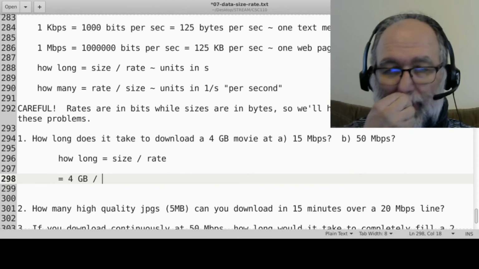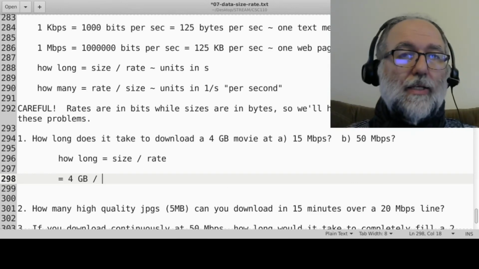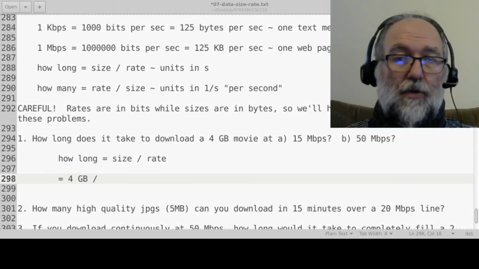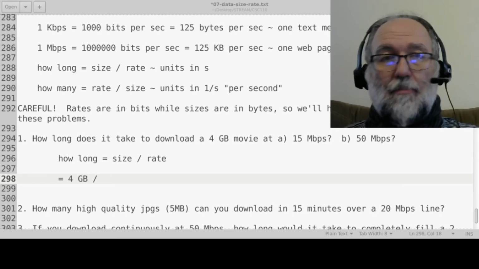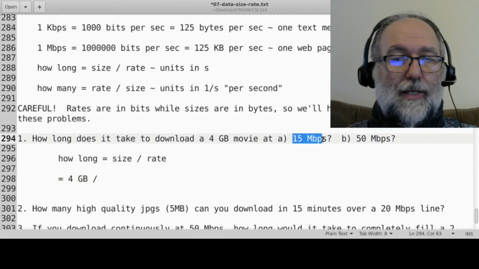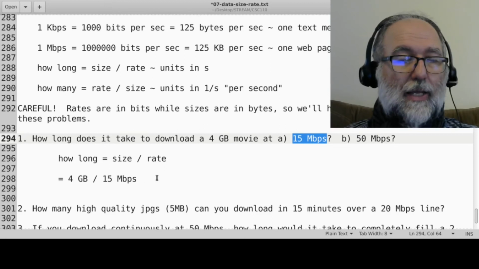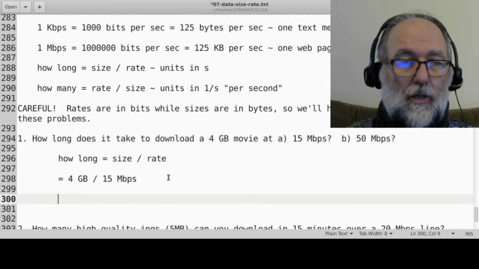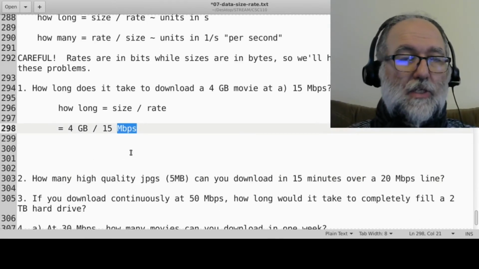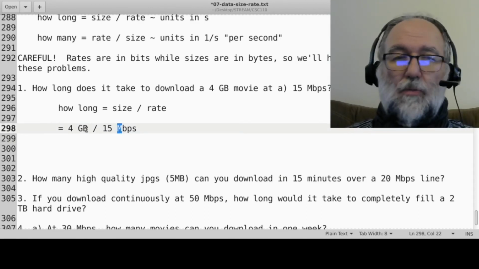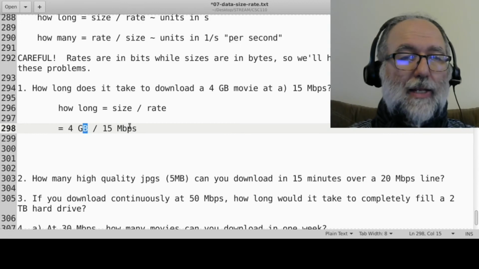gigabytes. Okay, now the rate, this is the part that gets a little trickier. So the rate is the 50 megabits per second, and we're going to write that down here for the rate. And you look at this and you go, well, how do I work with these units? Here I've got giga and mega. That part we know how to deal with. The byte, we kind of know what the byte is, but what's this BPS, this bits per second?